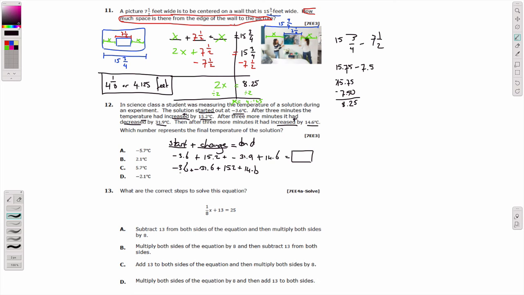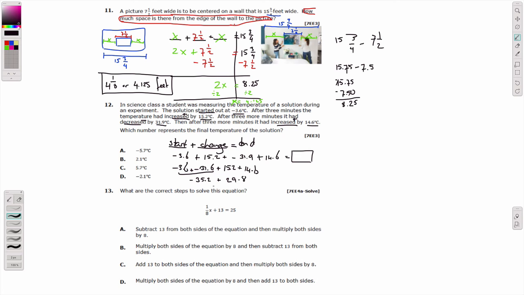Okay, now I can add my two negative numbers. Negative 3.6 plus negative 31.9 is going to be negative 35.5. Now I add my two positive numbers. 15.2 plus 14.6 is 29.8.